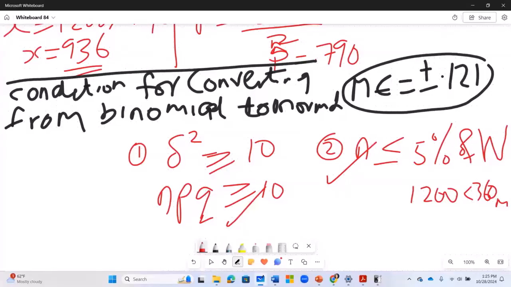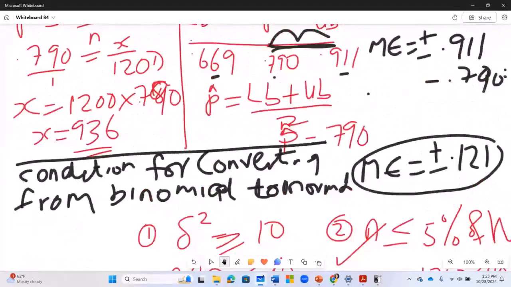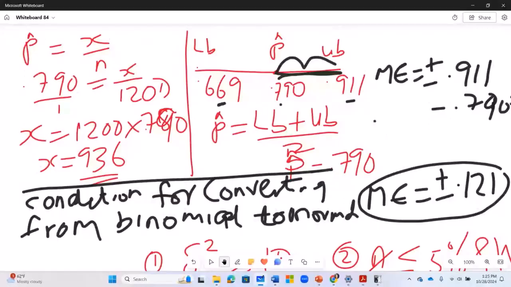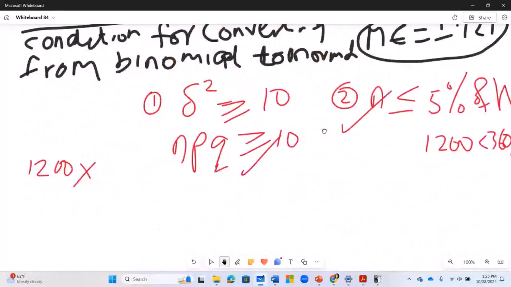So condition number one is sample size 1,200 multiplied by probability of success, which we calculated as 0.790, and probability of failure, which is 1 minus 0.790.